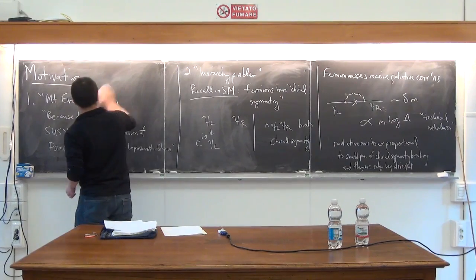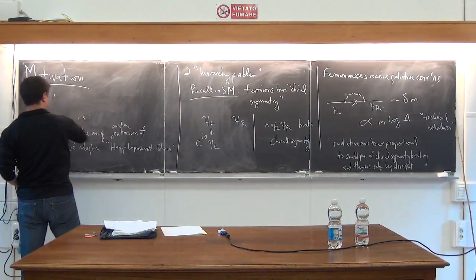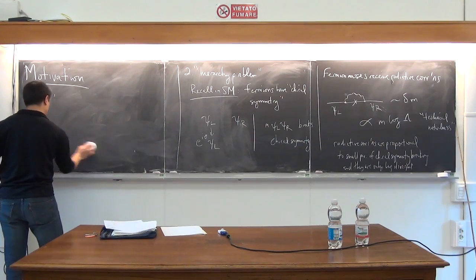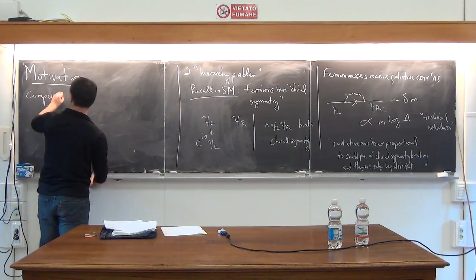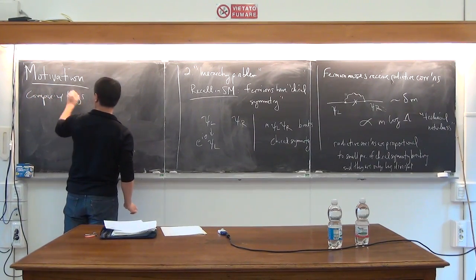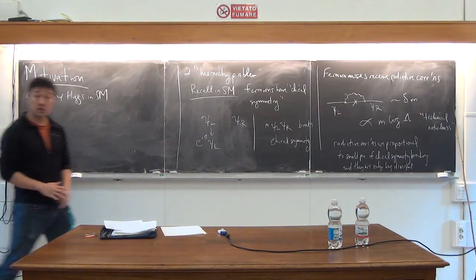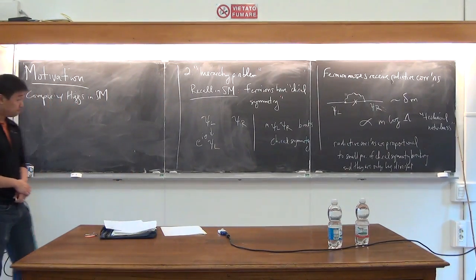Okay, so the reason I went through that in some detail is because it's useful now when we come to talk about the Higgs. Okay, so compare with the Higgs in the standard model. So the Higgs does not enjoy any chiral symmetry like that, right?